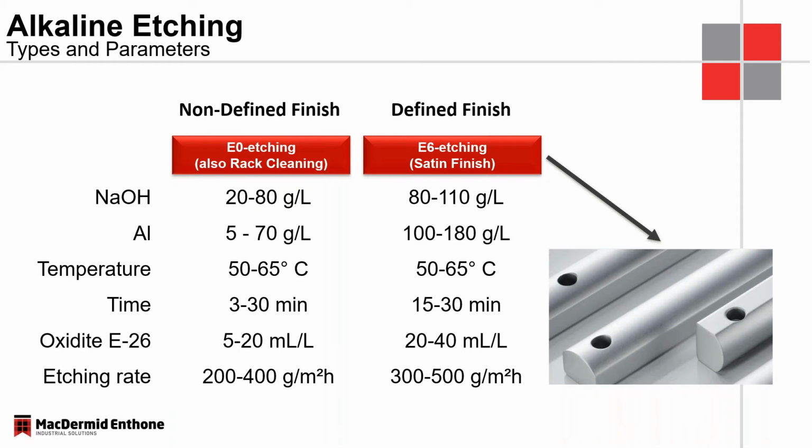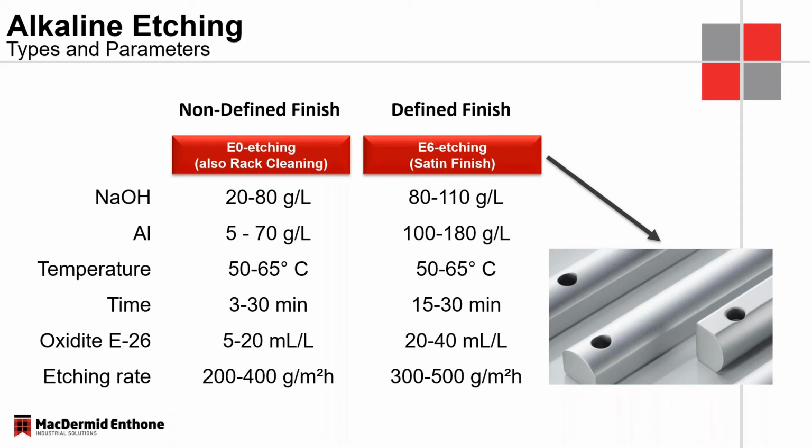They're made up at a relatively low concentration of around about 50 grams per liter. They use an etching additive which complexes some of the aluminum and alloying material, so it doesn't precipitate in the solution. Operate around about the 55 degrees Celsius mark.